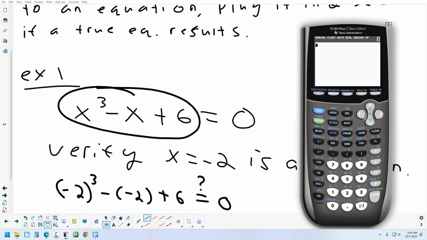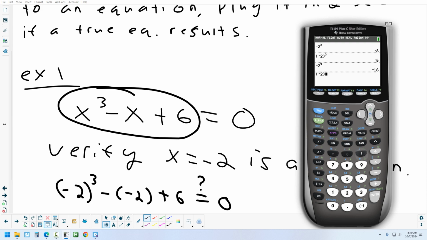Now, on this one, whether you do -2 cubed or you put it in parentheses, you will get the same answer. All right, and that's because the exponent was odd. But let's say you had to do like -2 to the 4th power. Okay, watch what happens. -2 to the 4th gives me, when I type it in that way, -16.